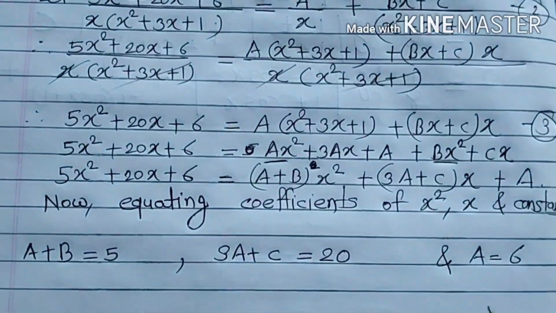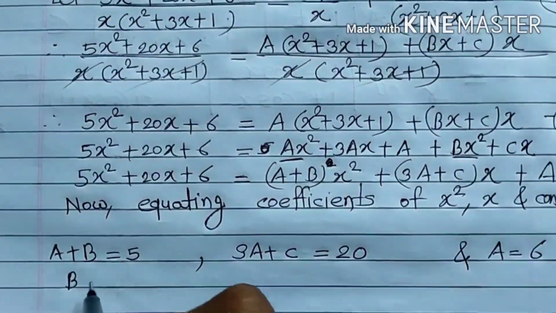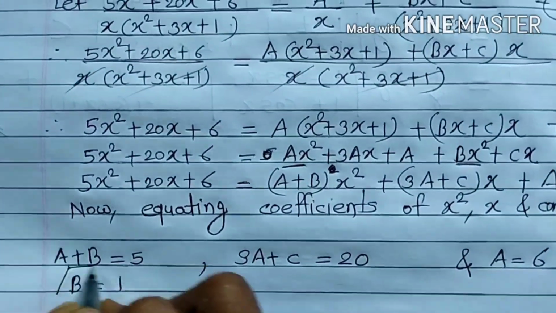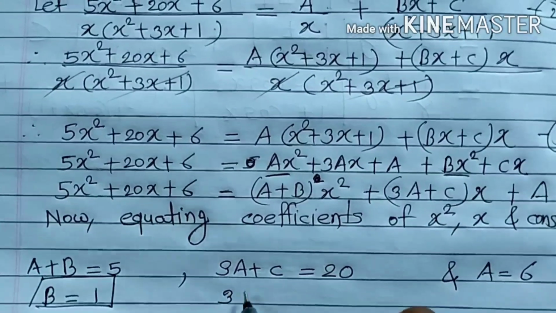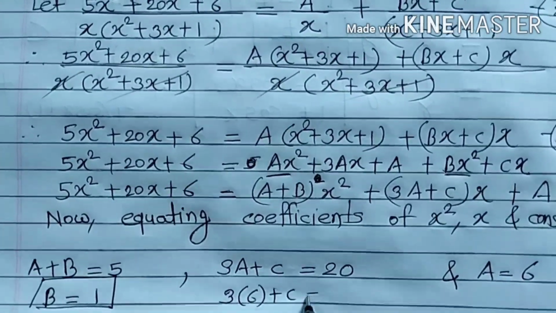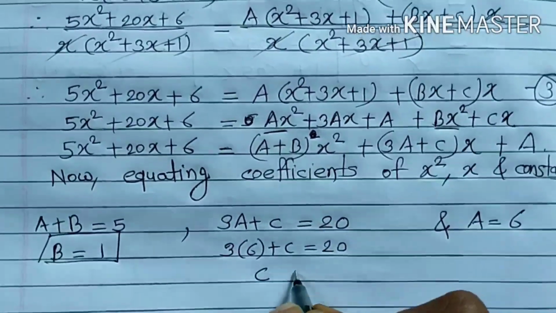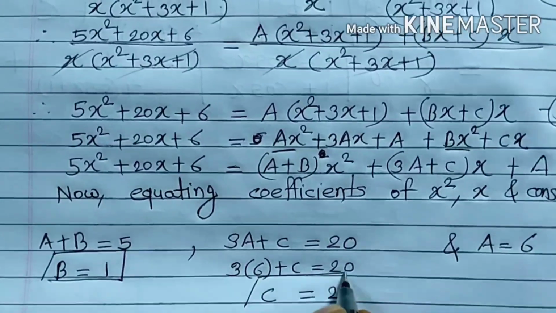So using a is equal to 6, we get b is equal to minus 1, and here 3 into 6 plus c which is equal to 20. So we get c is equal to 2.